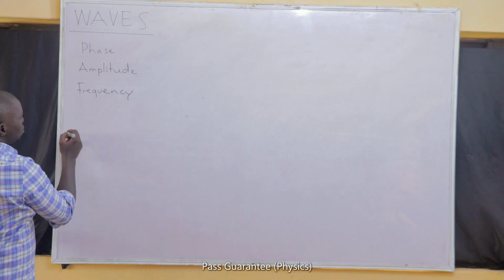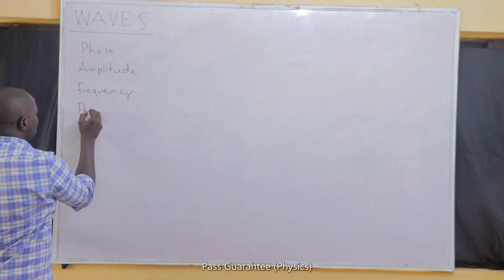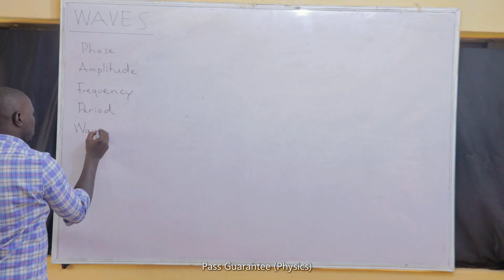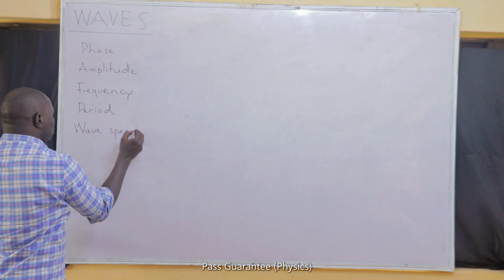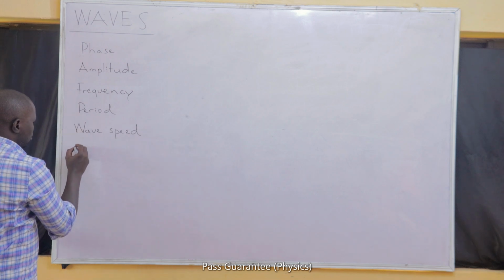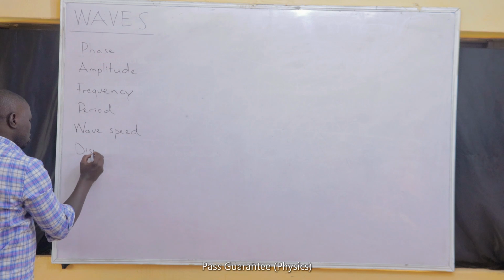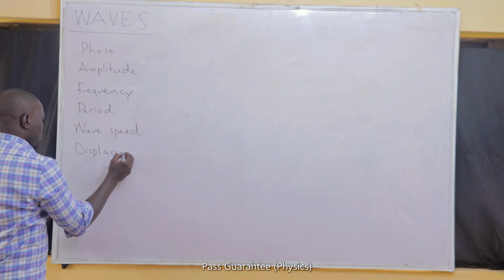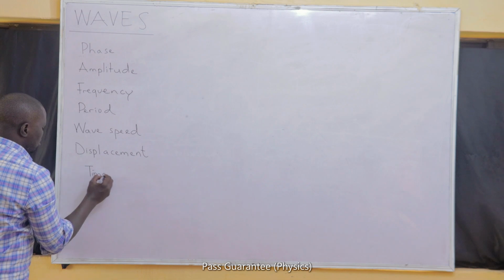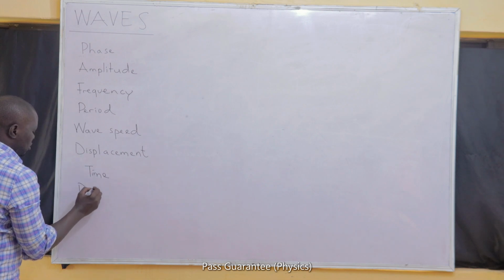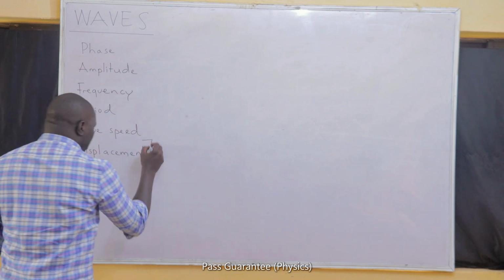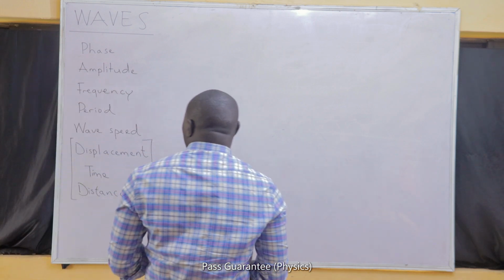We can talk about the period. We can talk about the wave speed or the wave velocity, either of the two. And probably, I'll just mention this, the displacement of a wave and the time it takes the wave to cover that displacement. We can also talk about the distance. We don't really need to mention this, but let us see if we can talk about them.